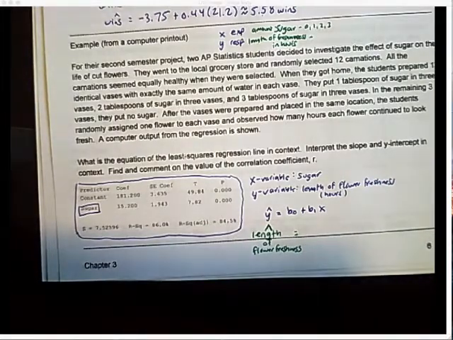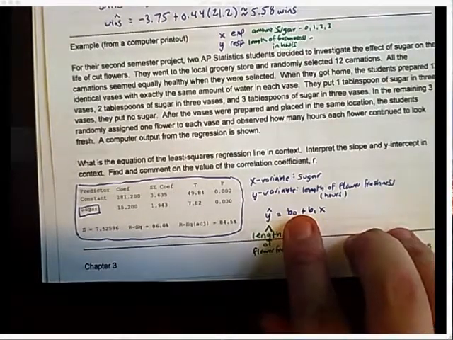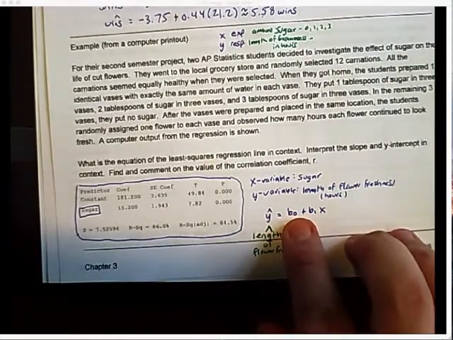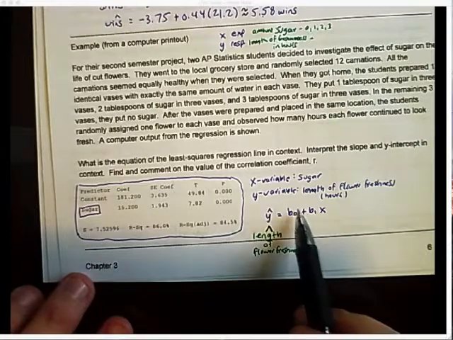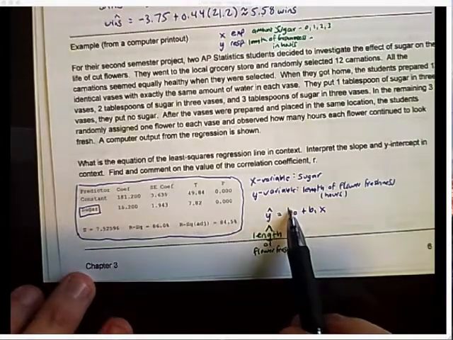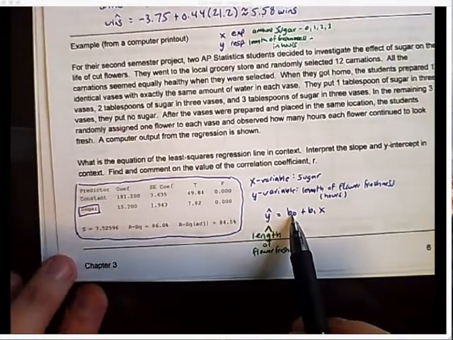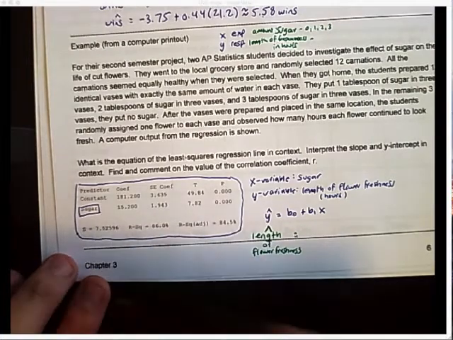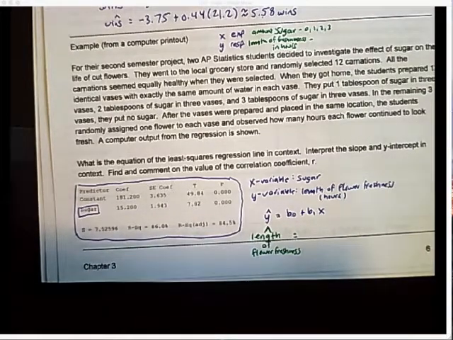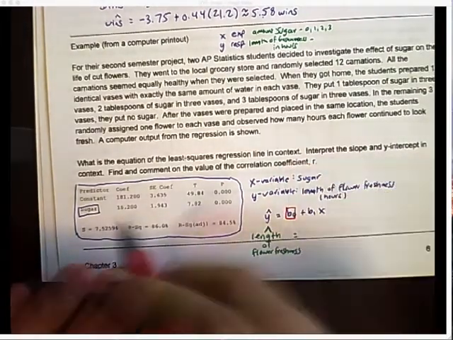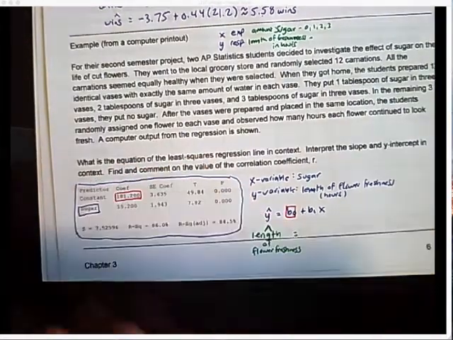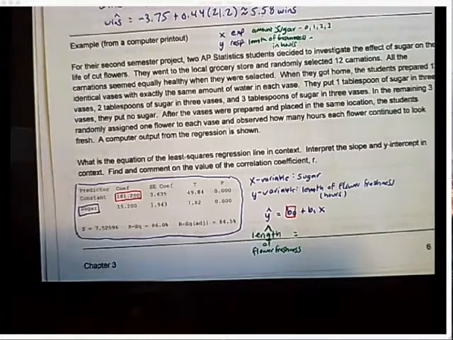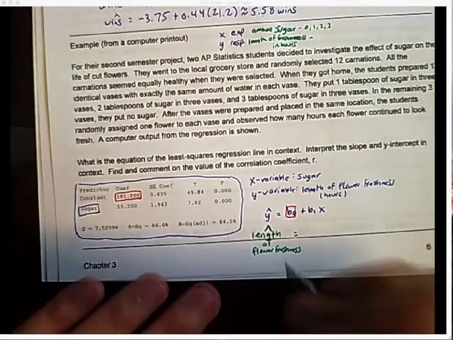Now, where do I locate the y-intercept? Remember, b0 is the y-intercept. Well, this is just a number by itself, which we usually call a constant. So to find b0, it's going to be the number next to constant. It's going to be the 181.20.